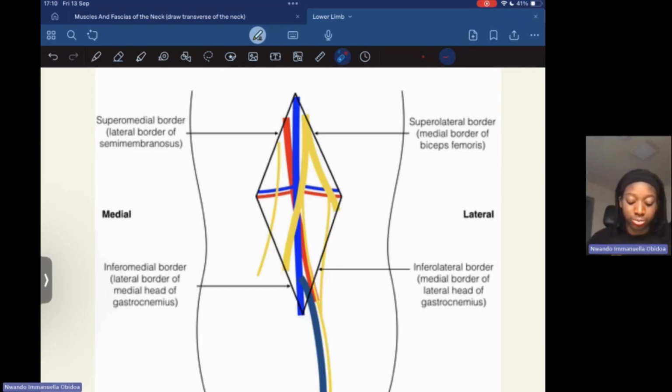So you have your sciatic nerve, your popliteal vein, and your popliteal artery. But if you go into dissection, depending on where you're looking, the sciatic nerve will bifurcate early, depending on who it is. So this is your sciatic nerve here, and then it becomes your tibial and then your common fibular nerve.